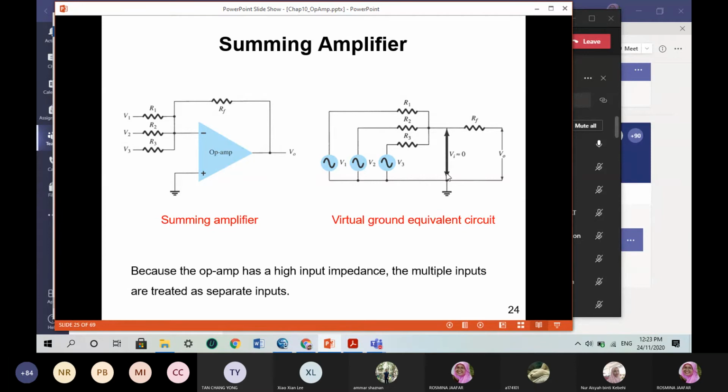Because the Opamp has a high input impedance, the multiple inputs are treated as separate inputs, and you will have the output VO as V1 times RF over R1 plus V2 times RF over R2 plus V3 times RF over R3. So each resistor here will give its own section gain.